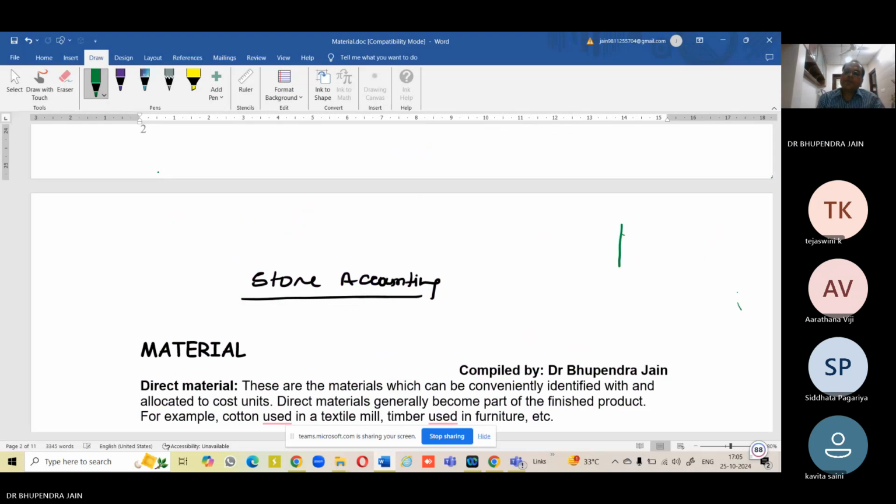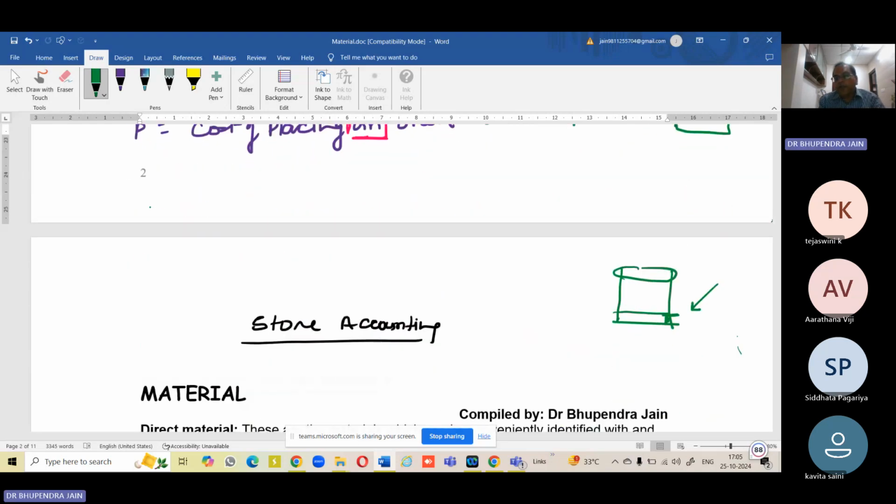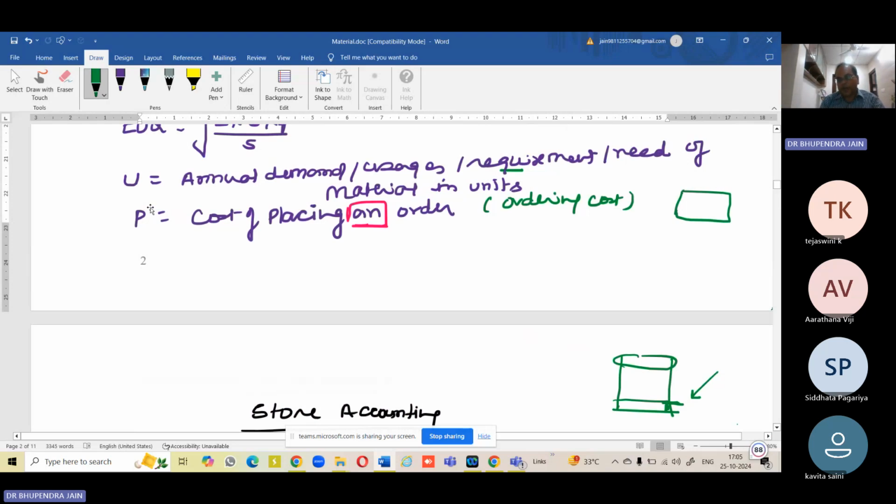If the level of the sugar is this, you have only sugar at that level, so definitely your mother tells you to purchase new sugar. So before or at the time the sugar touches that level, you will place an order to the supplier, or your mother says to you to purchase the sugar from the market.